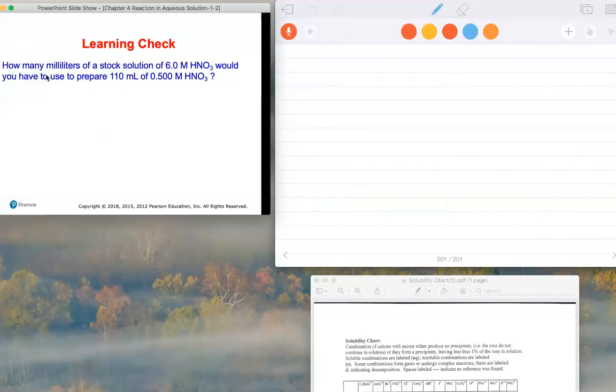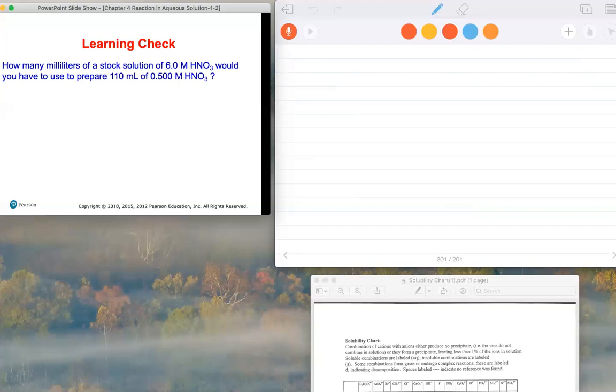If I look at this problem, how many milliliters of stock solution of 6.0 molarity concentration nitric acid will you have to use to prepare 110 ml of 0.5 molar nitric acid?